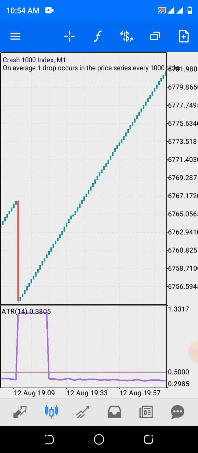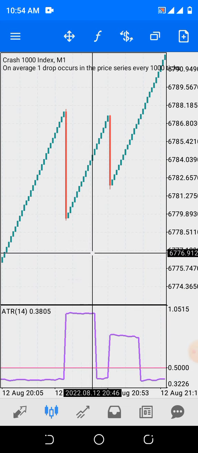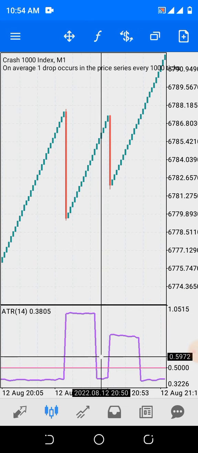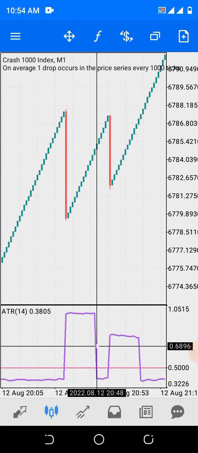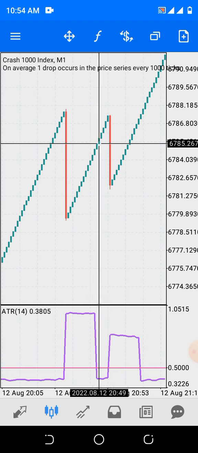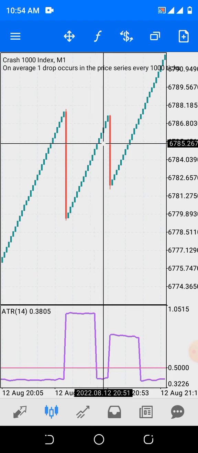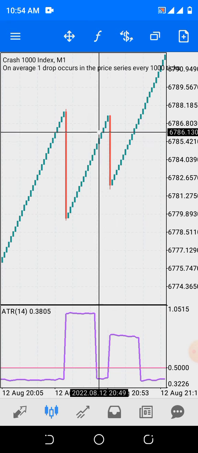Now here is another one. This purple line crosses this pink line here. This is where it crosses it, so you take your trade. Here is 1, 2, 3, 4, 5. Take your profit. That is number 3.